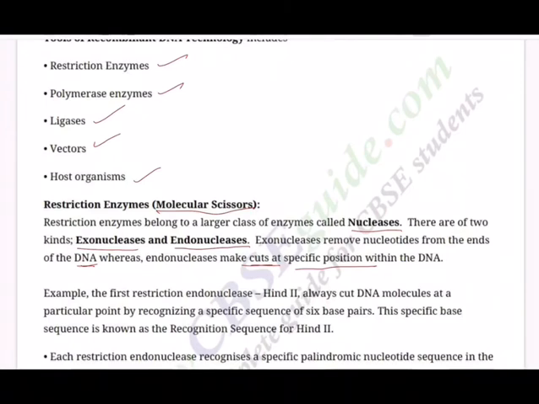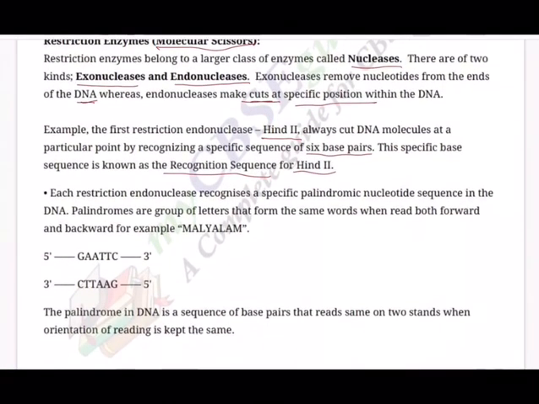For example, the first restriction endonuclease, Hind II, always cuts the DNA molecule at a particular point by recognizing a specific sequence of 6 base pairs. This specific base sequence is known as the recognition sequence for Hind II. Each restriction endonuclease recognizes a specific palindromic nucleotide sequence in the DNA.